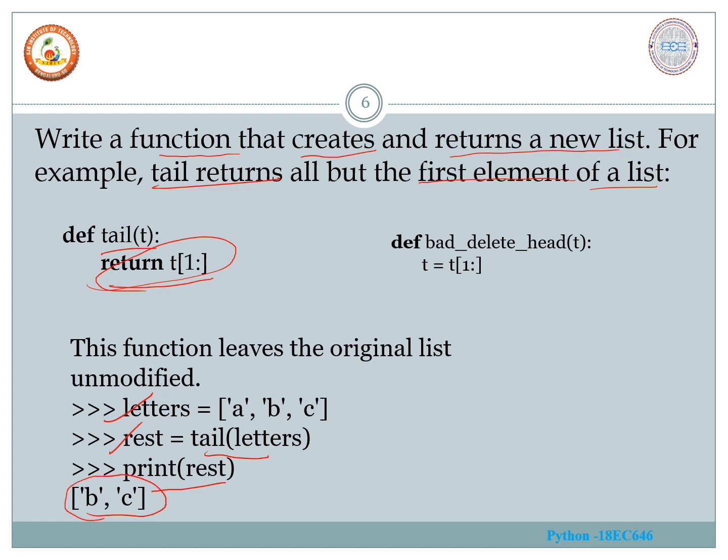Okay. And it is also important for us to write functions which are supposed to modify the list. And you can see these examples also. You are defining a function that does not delete the head of a list. So bad delete head of t, and the statement here is t is equal to t of 1 colon.